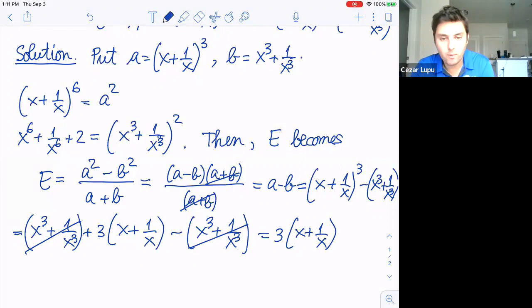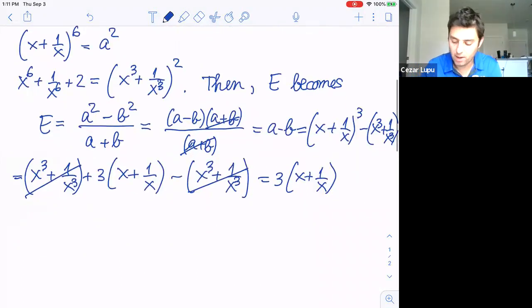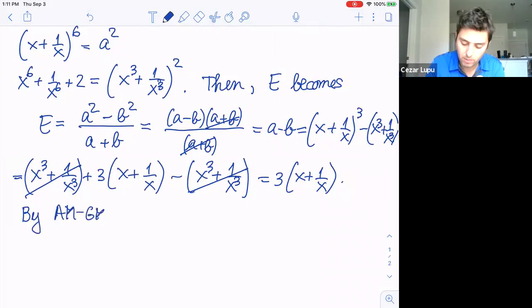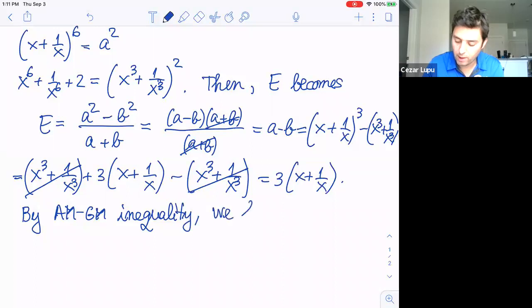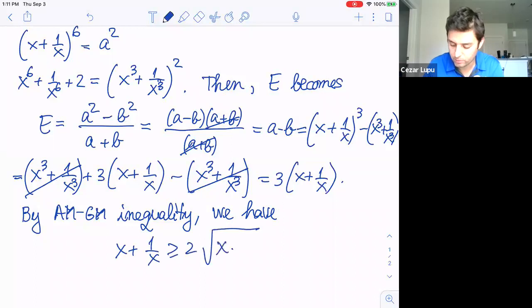Okay, and now we want to find the minimum of this, which is quite easy by AM-GM. You don't have to use the derivative. So by the arithmetic geometric mean inequality, we have that x plus 1 over x is greater or equal than 2 square root of x times 1 over x, which is 2.